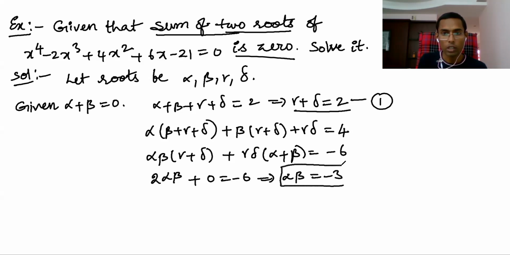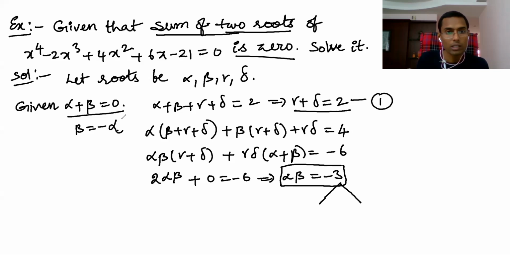This is important. Now alpha plus beta is 0 and alpha beta is minus 3. So the sum is 0 and the product is minus 3. Beta is minus alpha.